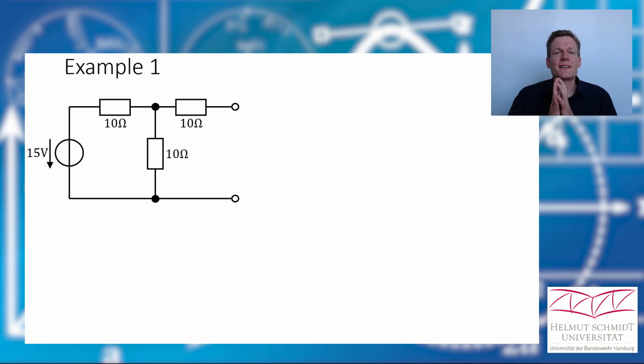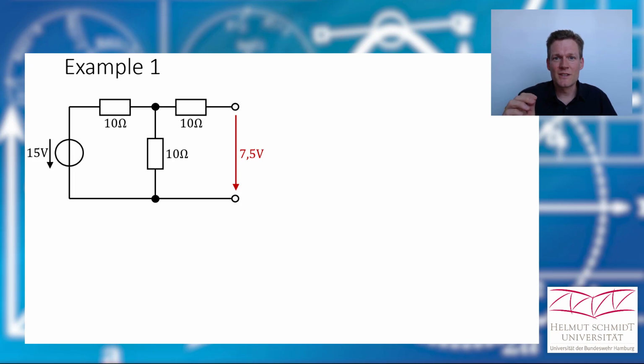Okay, let's use our example again. I want to transfer our circuit into a practical voltage source. So we need this voltage here. And on this point, you should be able to see it if you made your trainings. So the voltage drop here would be 7.5 volts.